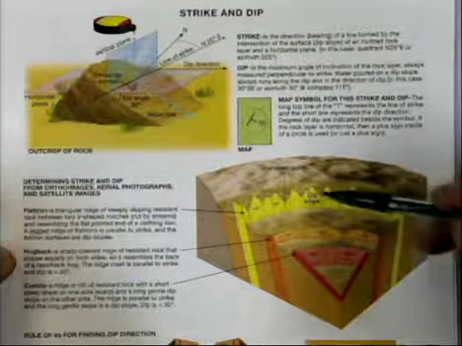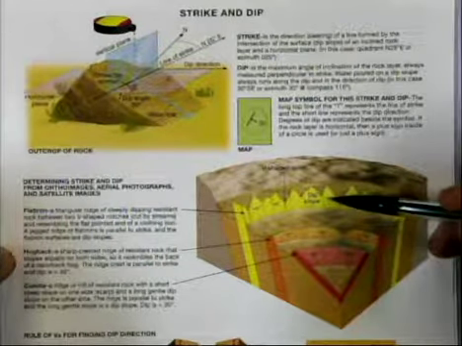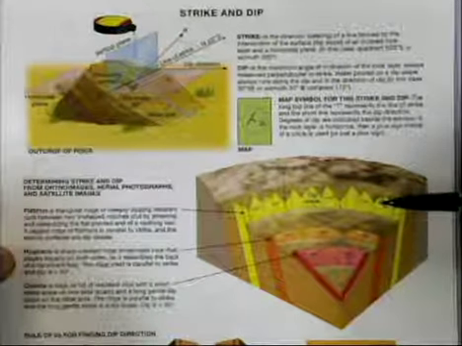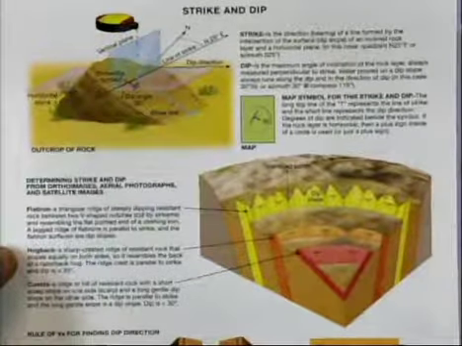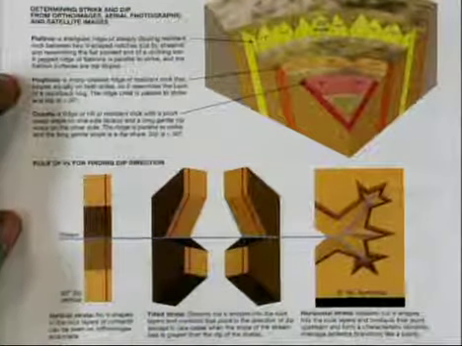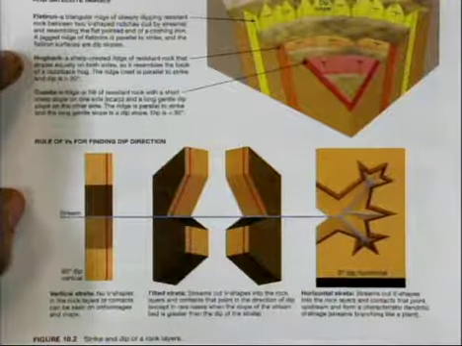In this case, the V will point in the same direction that the beds are dipping. And this leads us to a consideration of the last topic on this page, which is the rule of V's. The rule of V's allows us to interpret the direction that the rock layers might be dipping underground.